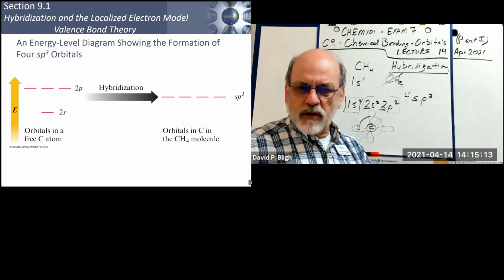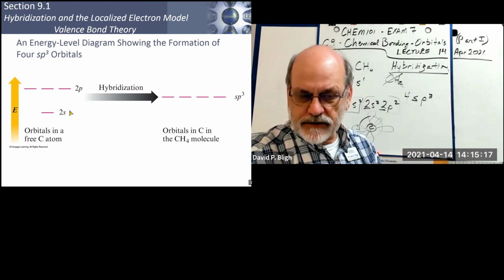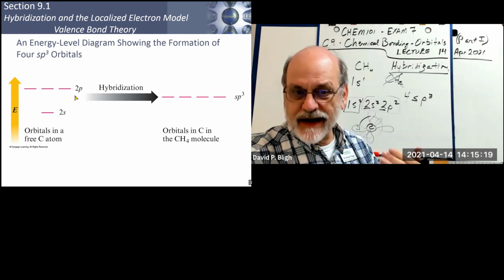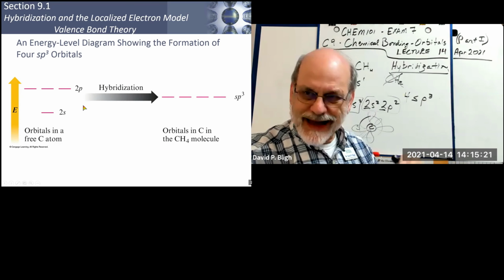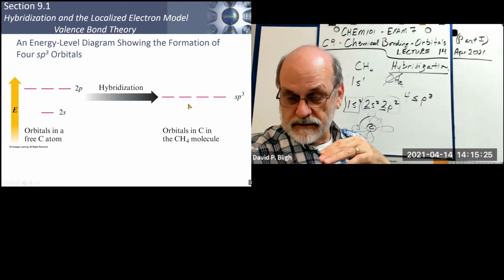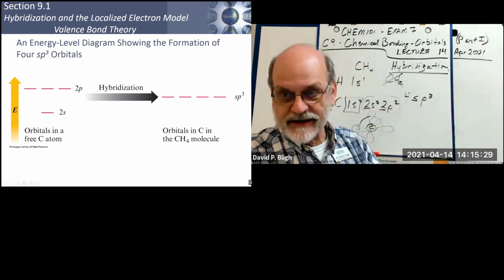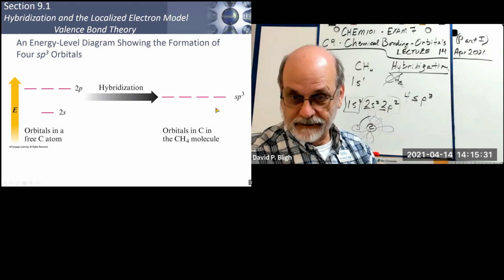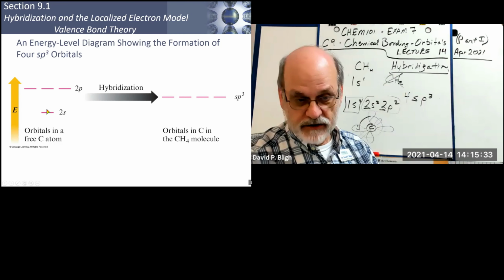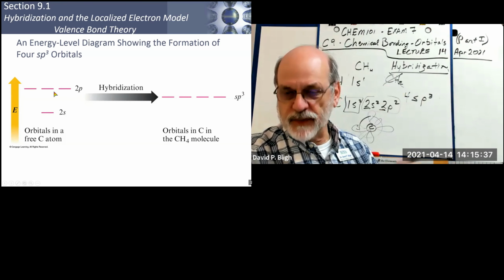So here's what you get with the hybridization. When you mix the s and the p's together, you get these equivalent orbitals, but their energy is somewhere in between the energy levels of the p's and the s. That's what this is trying to illustrate. In the free carbon atom, you have the s down here and the p's up there. That's expected.